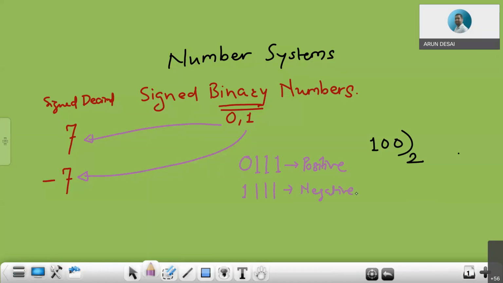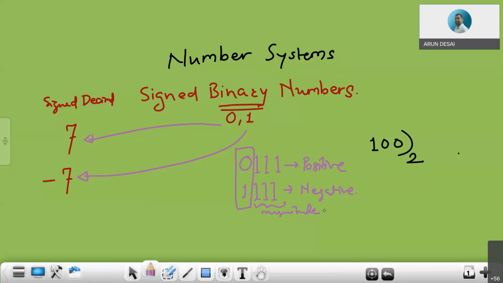And if 1 is there in front of that number, then it is negative. Now, how to check that first bit? If you have a notification that this binary number is a signed binary number, then you need to consider the MSB, right? The most significant bit should be your sign bit, and the other bits you consider as the magnitude of that number, right?